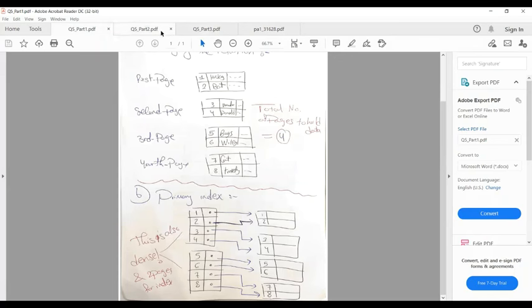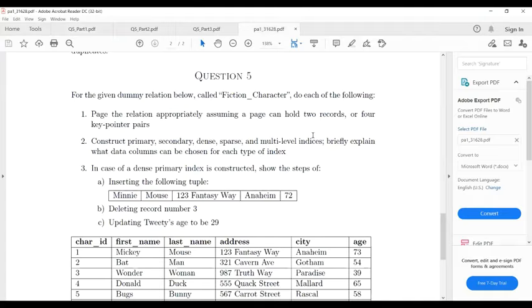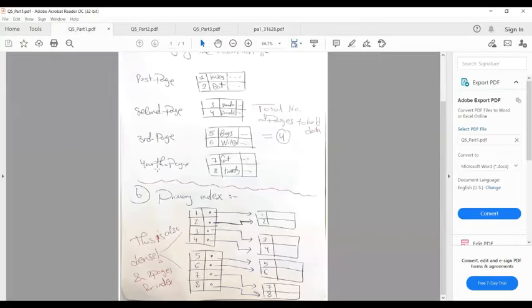Because according to the question, a page can hold 4 key pointer pairs. So it is specified how many records a page of the index will hold. So now we will have 1, 2, 3, 4 to reference the values in our first pages, and 5, 6, 7, 8 to reference the other 4 values in our pages.